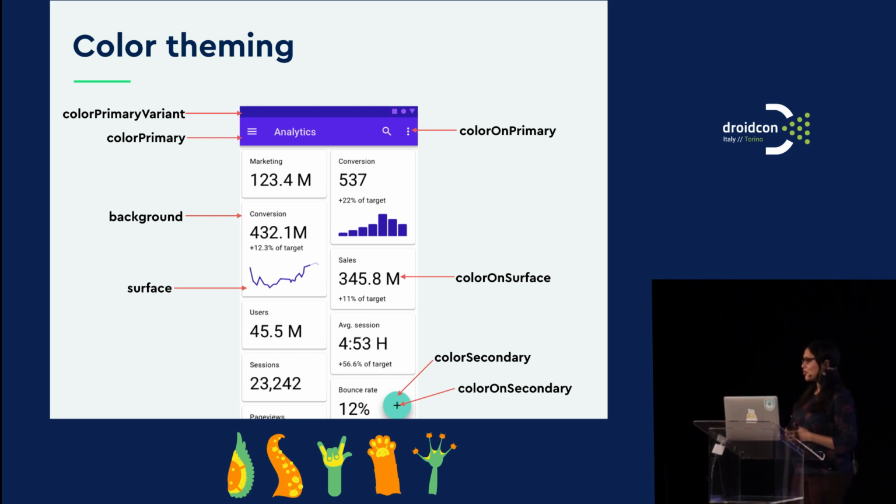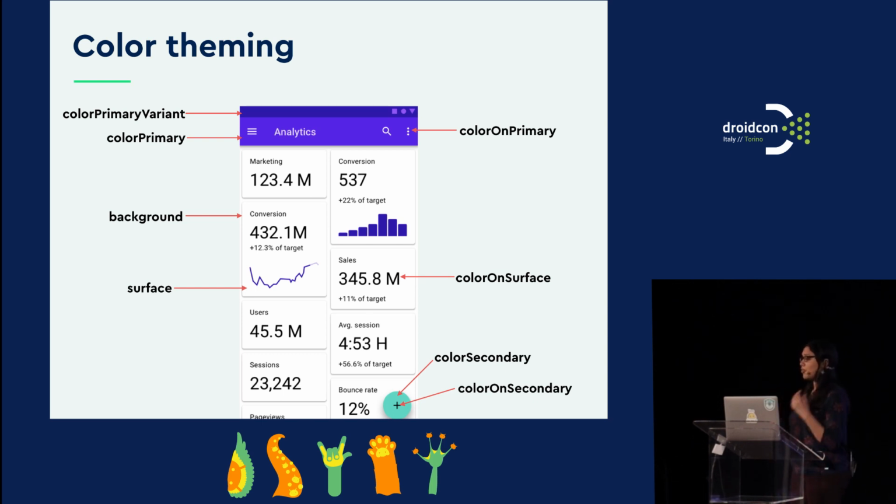Then you have colorOnSurface, which is the color of content that goes on surface backgrounds. And then you have color secondary, which is kind of like color accent, your secondary branding color of your app. And then, last but not the least, there's colorOnSecondary, which is the color of the content going on the color secondary backgrounds.